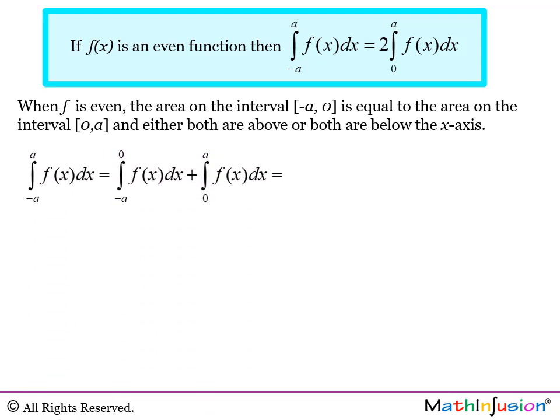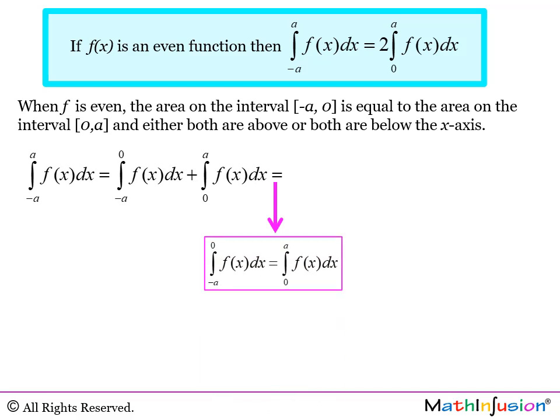That's why we can break it down at 0. The first integral between negative a and 0 and the second one between 0 and a are exactly the same. And because of that, we get that.